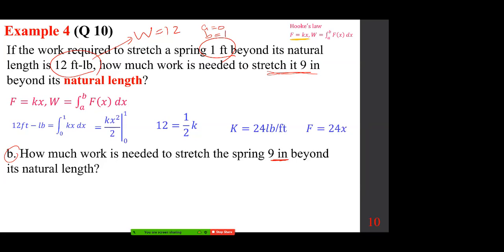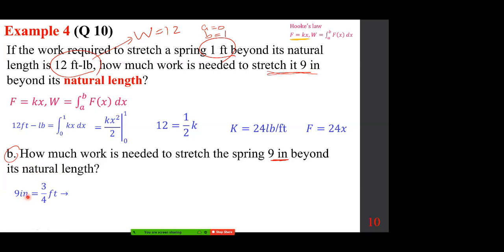Now, for part B, do the math and pay attention to the units you're going to use. 9 inches is 3/4 of a foot. Why is that important? Because the units used here are not inches, okay, class? Foot pound, remember that.